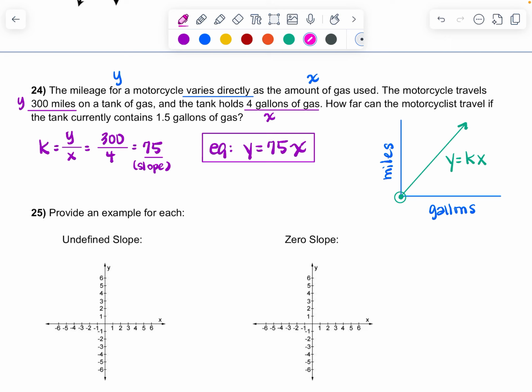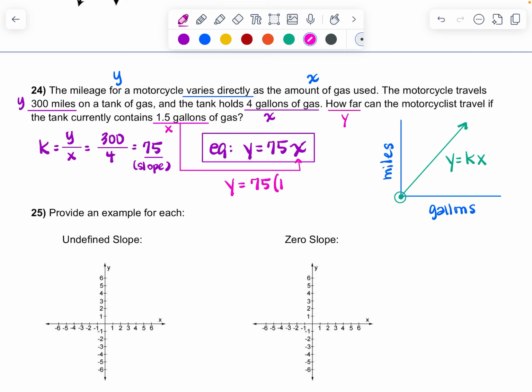It asks how far, which is miles, so y, can a motorist travel if they currently have 1.5 gallons, which is x, of gas. So they're giving me a very specific x value so that I can substitute it into my equation for x.